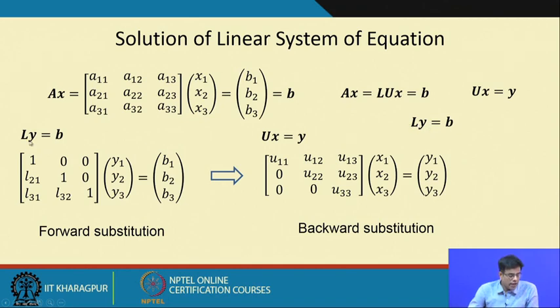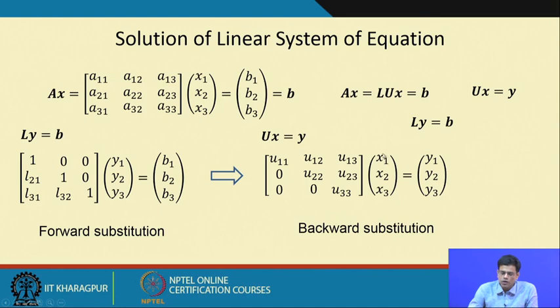Now, LY equals B means we have to find the y. Again, this is a lower triangular system where we use forward substitution to find y1, y2 and y3. Once we know y1, y2, y3, in the second part UX equals Y, the y's go to the right hand side.